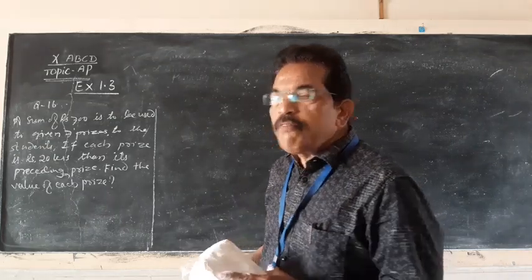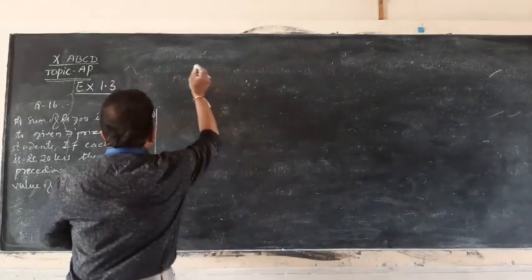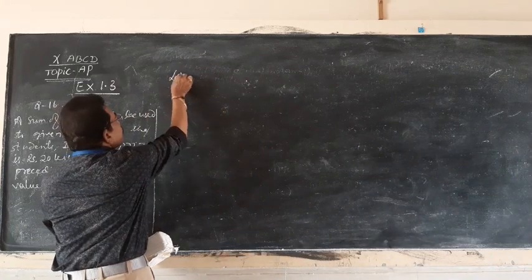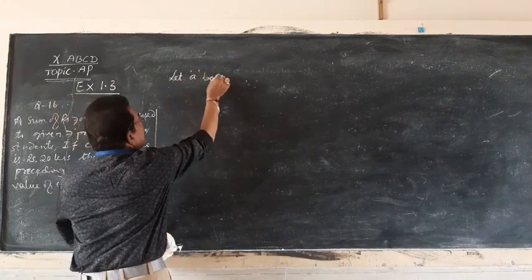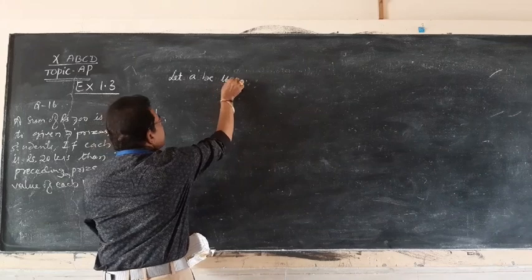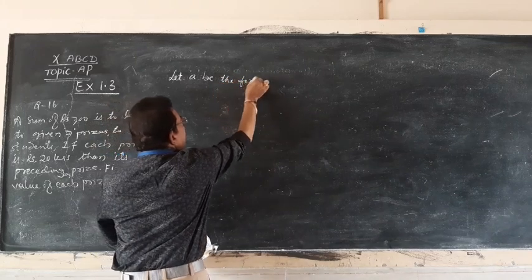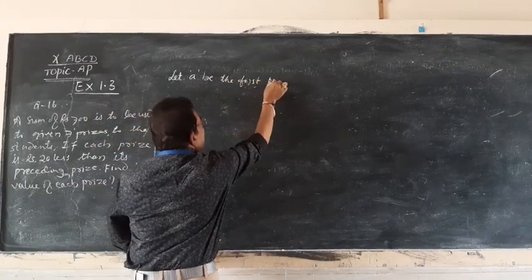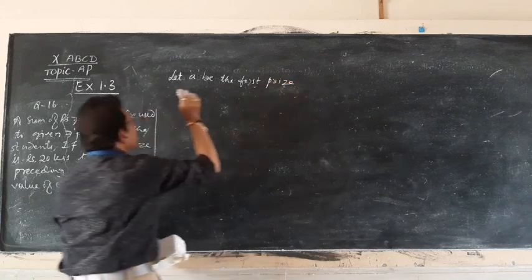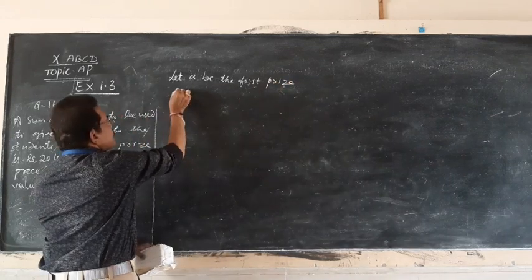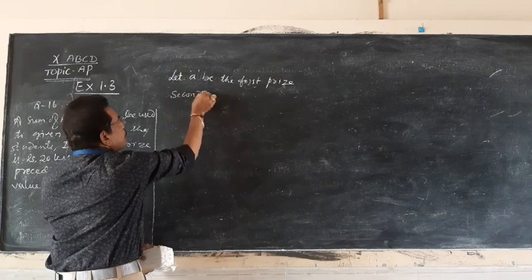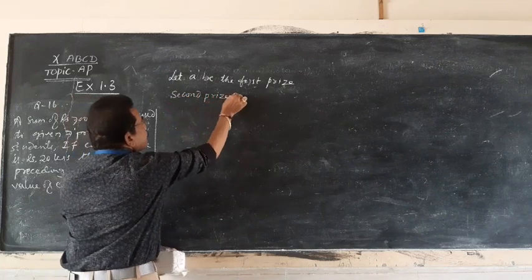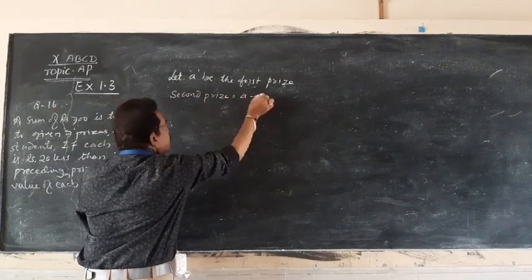So let A be the first prize. Let us consider the solution. Let A be the first prize. Then the second prize is A minus 20.